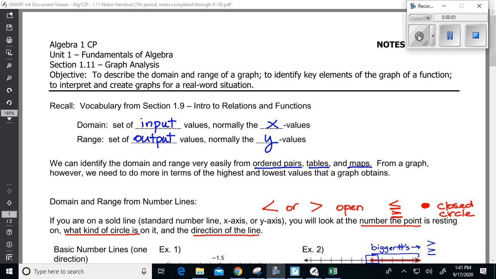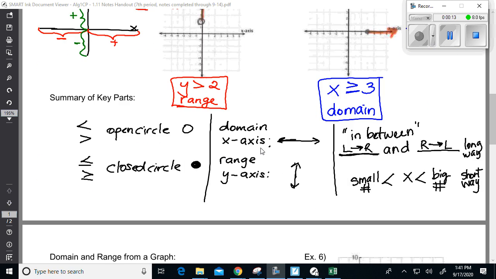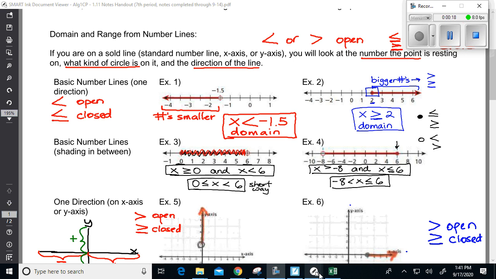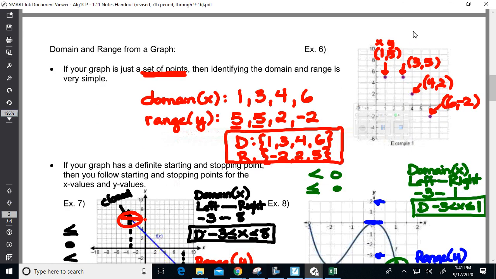We started section 11.1 on Monday. We looked at the domain and range of a basic number line. After that, on Wednesday, we went off of a number line and used the whole graph.